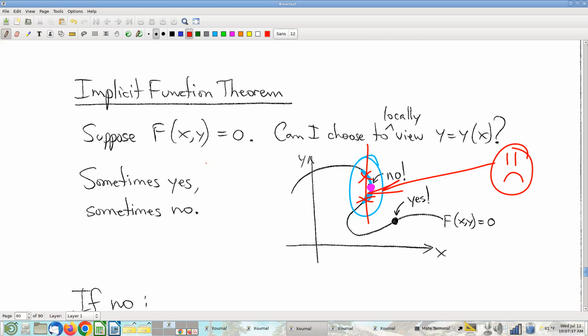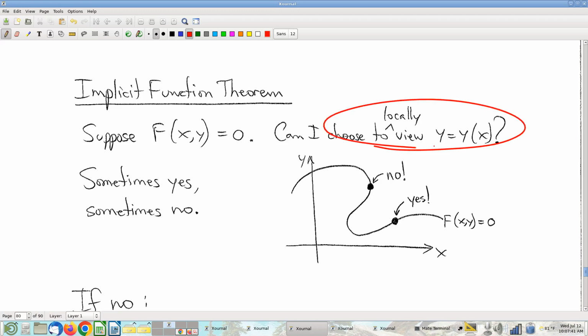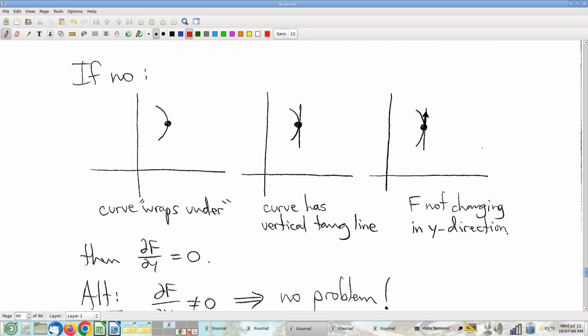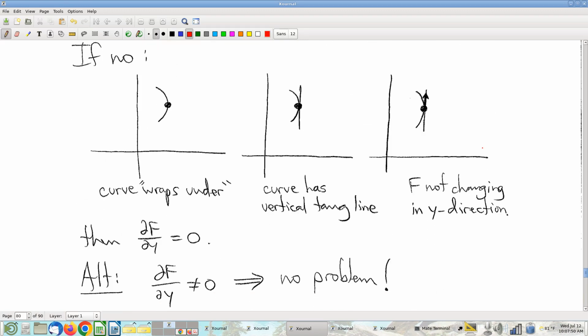Okay. So how do we establish that the something that I want to treat as a function actually is? Here's the basic idea. And again, I don't want to get too into the weeds and rigor about this. So I'm going to propose that, roughly speaking, the problem is, as in that example, if the curve is wrapping under itself, that's ultimately the problem.